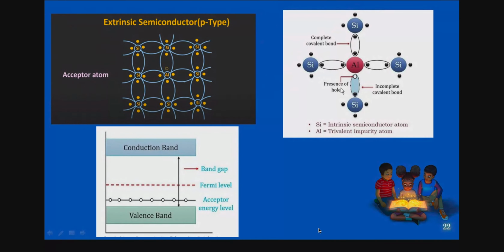So why you're saying p-type is because there is a deficiency of electron. When the electron is out of the covalent bond, you can say it is positively charged. So aluminum is an acceptor atom which accepts electrons from the other neighboring silicon atoms. You are getting? So we can say it is an acceptor atom.